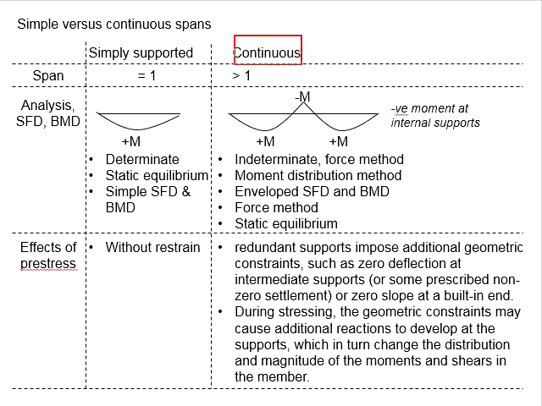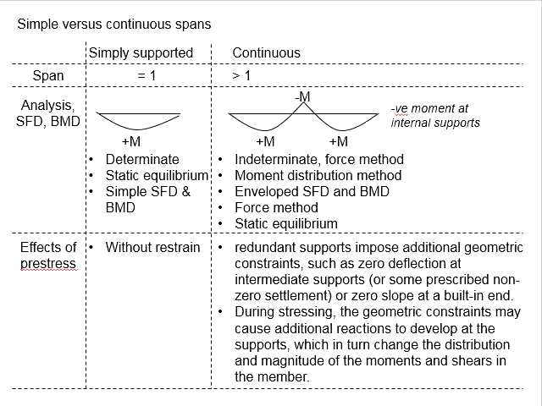As for the continuous member, there will be more than one span, and in terms of the analysis, it is basically an indeterminate member, for which you can use the force method from structural analysis to remove the redundancy so that you can find the reactions by using the principle of static equilibrium. You may also use the moment distribution method to analyze the reactions in the member, as well as to determine the shear force and the moment in the member.